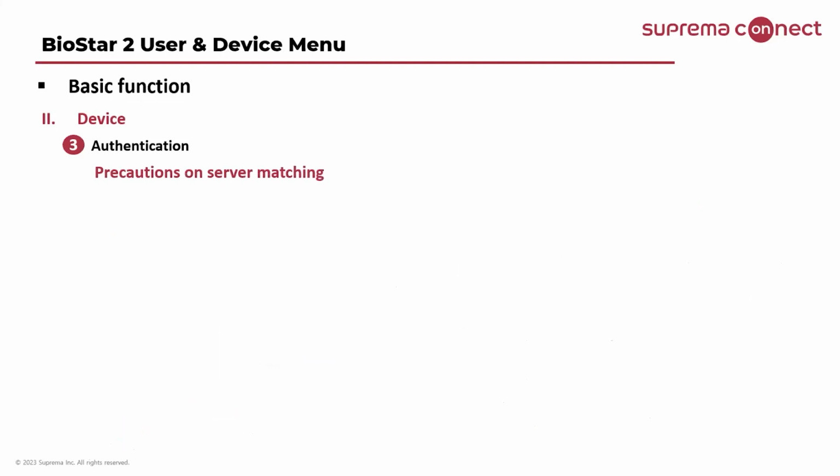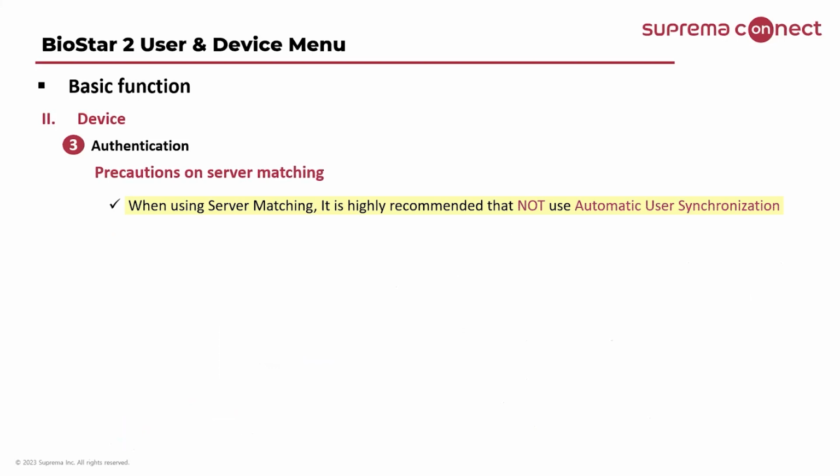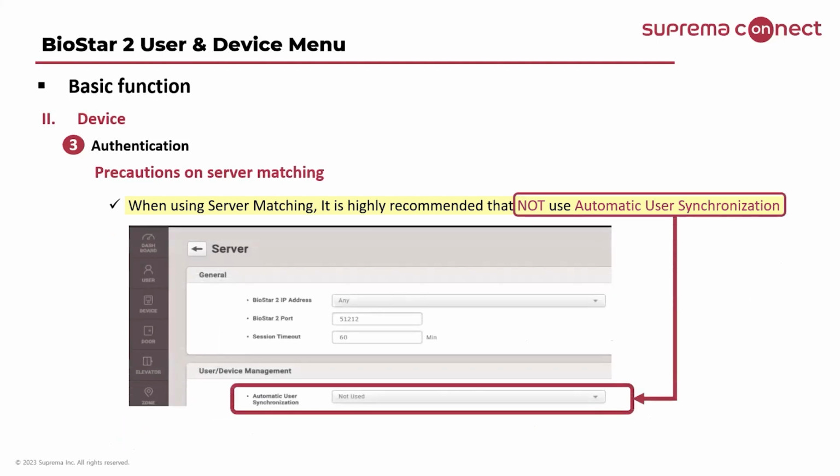When using server matching, it is highly recommended not to use automatic user synchronization. Typically, server matching will be used if you don't want to store the user information on your device.